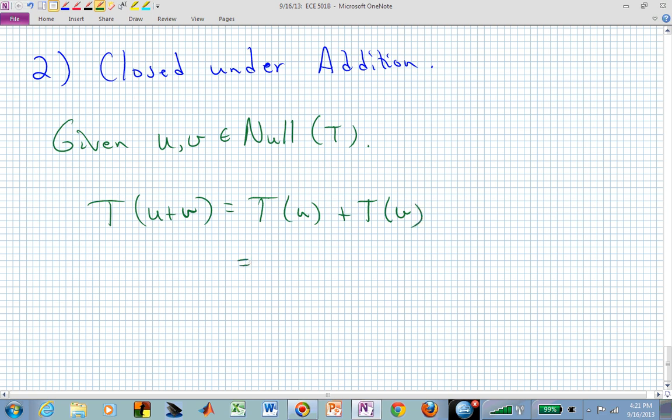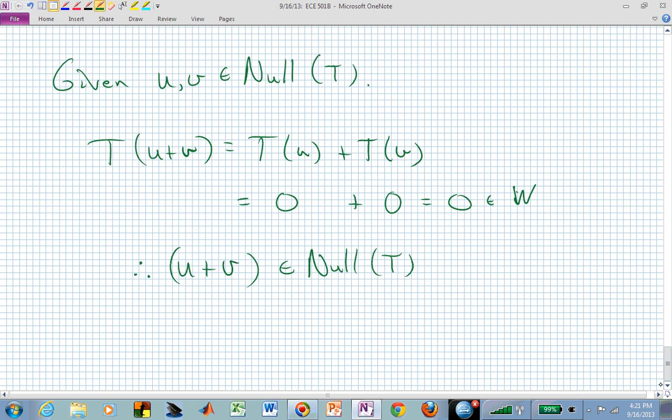But u and v were assumed to be in the null space, so T of u is 0, T of v is 0, and 0 plus 0 is 0, which is an element in W. But u plus v were in the domain, and now that combination is also in the null space of T, and so it is closed.